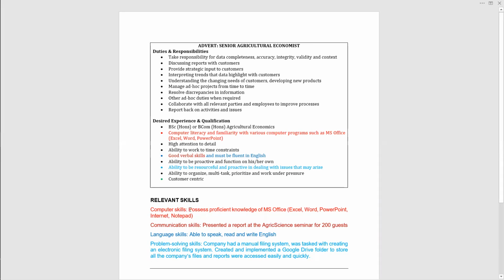Also make sure, for instance with computer skills, to write them out as they are on the CV. For instance, instead of writing out Microsoft Office, you write MS Office, because in your advert they say MS Office. Again, remember ATS. And Excel, Word, and PowerPoint should be exactly like they are in the advert.